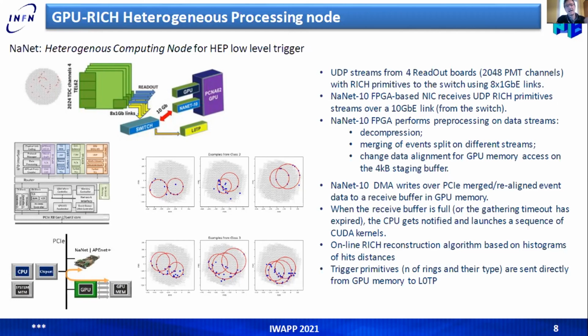These data are transferred directly to the GPU memory, leveraging the GPUDirect NVIDIA protocol, so completely bypassing the CPU and the RAM of the host.